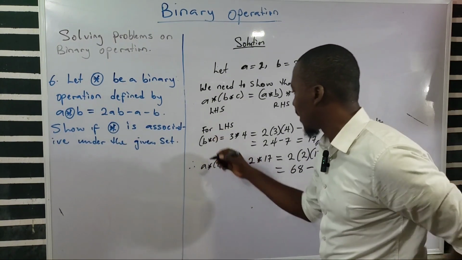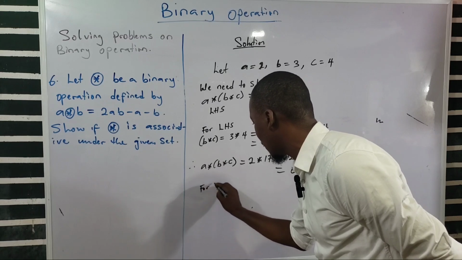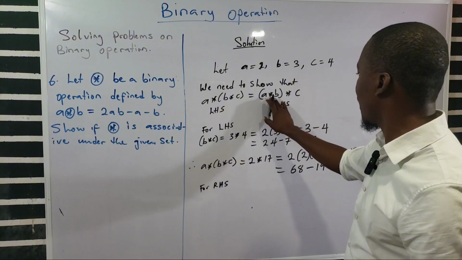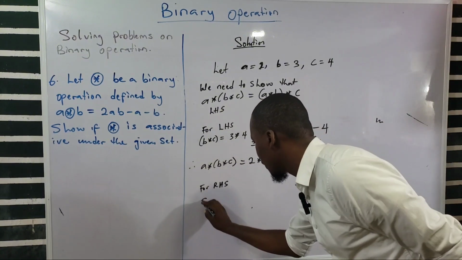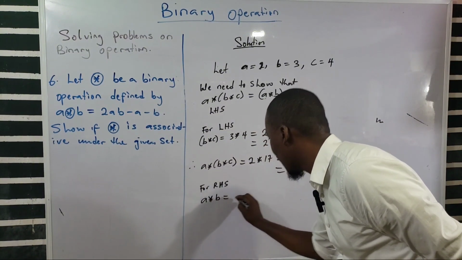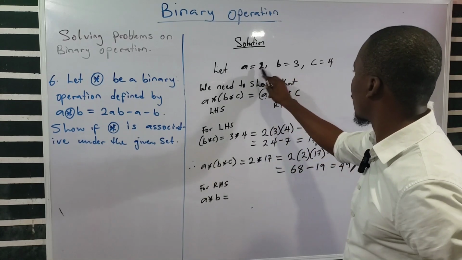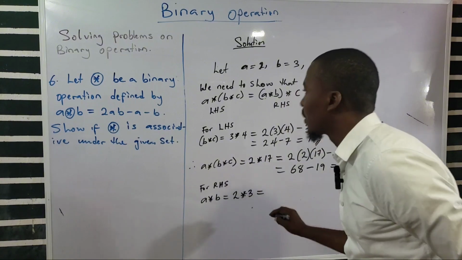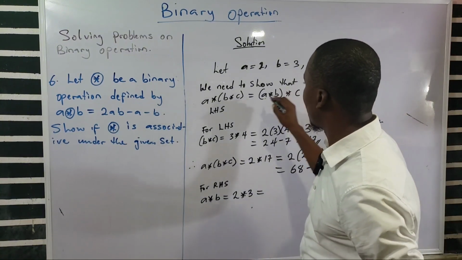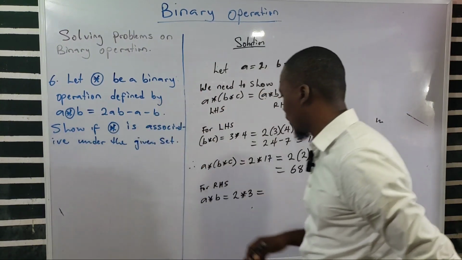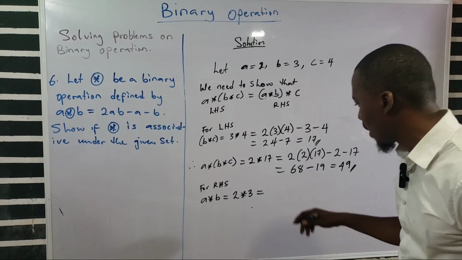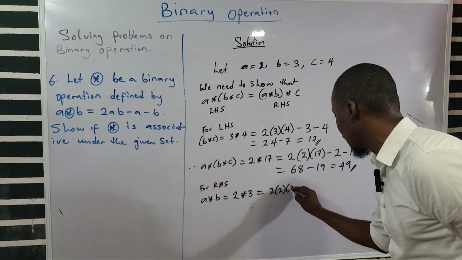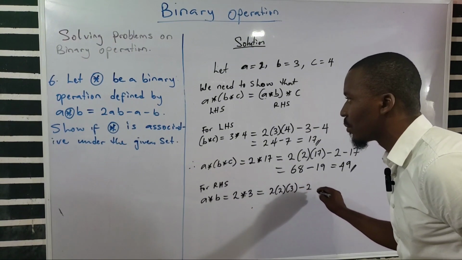So let's come to the right-hand side. For the right-hand side, first of all, take care of A and B, then we'll include C. So A binary B will give us 2 binary 3. That will give us 2 into 2 into 3 minus 2 minus 3.